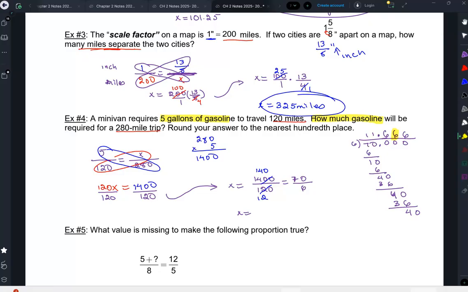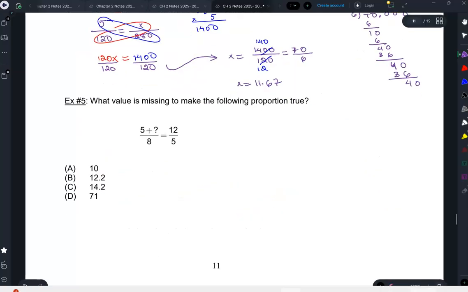You need 2 decimals. 11.6. Okay, and then this one, do I add 1 to it or no? Yes.